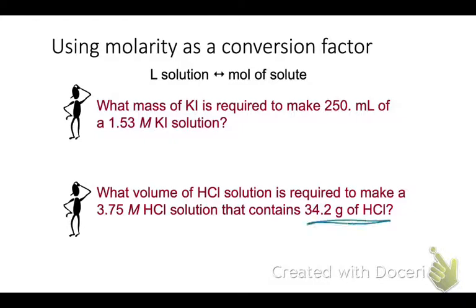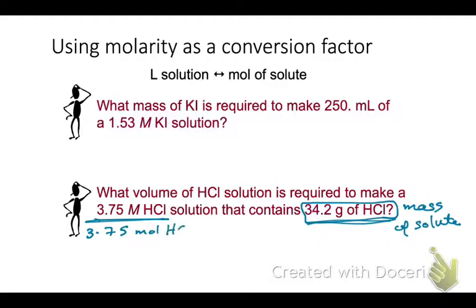They gave us mass. This is mass of solute. But they also gave me molarity. And molarity, remember, what does that mean? There are 3.75 moles of HCl in every liter of HCl solution.